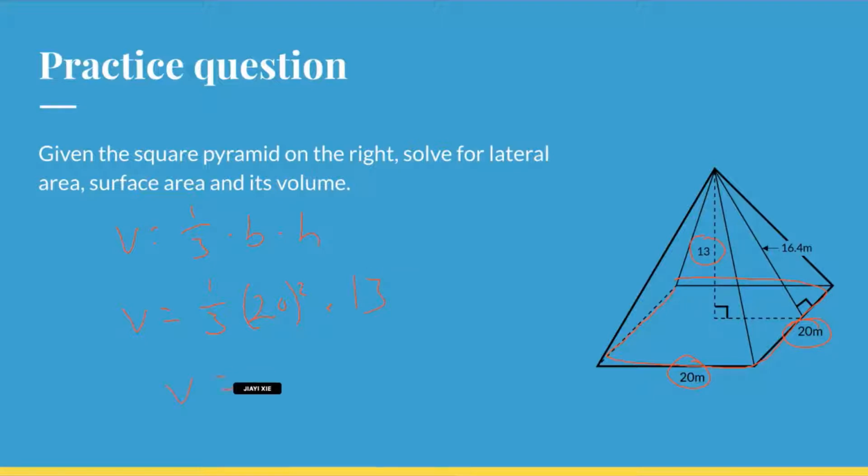So the volume is going to be 1,733.3. Next slide.